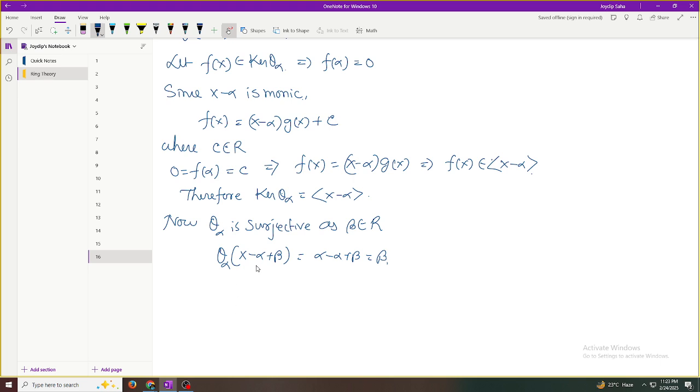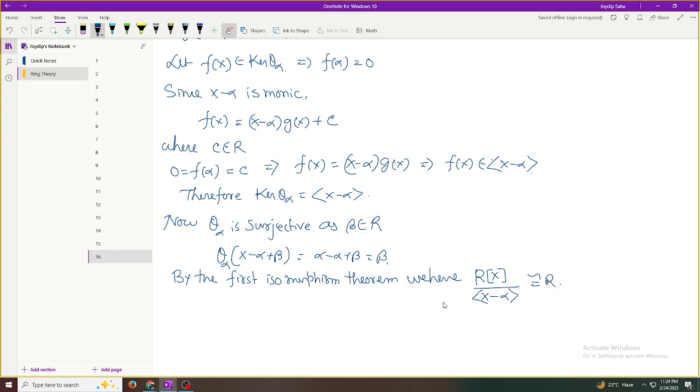So this is your preimage. Therefore it is surjective. By the first isomorphism theorem we have Rx quotient by the ideal generated by x minus alpha is isomorphic to R.